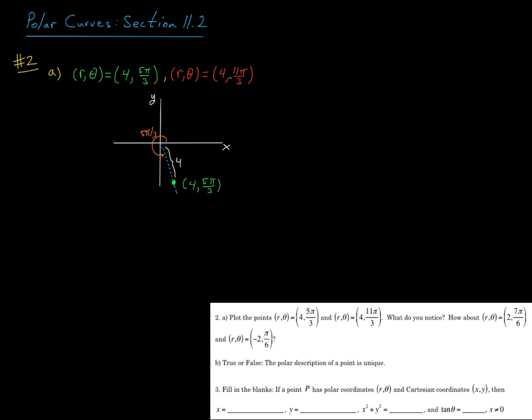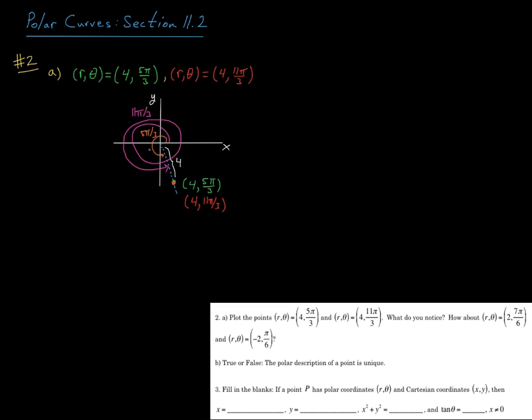Now for the second point, we're going to rotate through an angle of 11π/3, and notice that 11π/3 is, well, 2π radians, that's 6π/3 radians, and then to get to 11π/3, we need to rotate through another 5π/3 radians. So we rotate through that angle, and we notice that we wind up along this same ray.